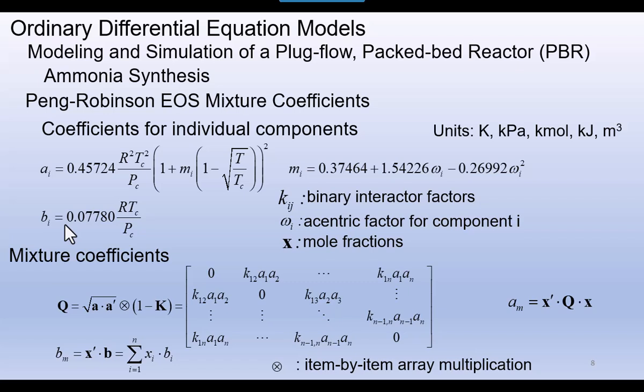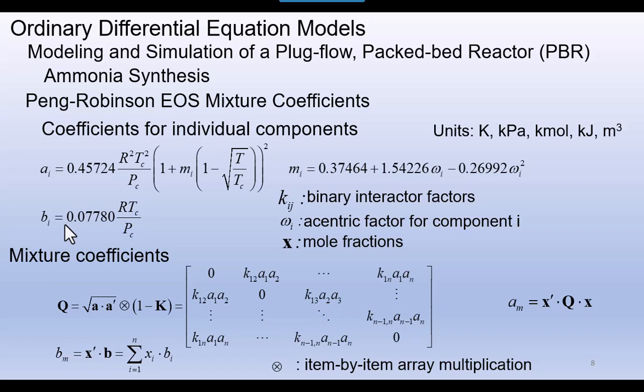And then if we try to put this together into a model, we're going to take two approaches here. One is to use a simplified model for constant heat capacity and pressure.